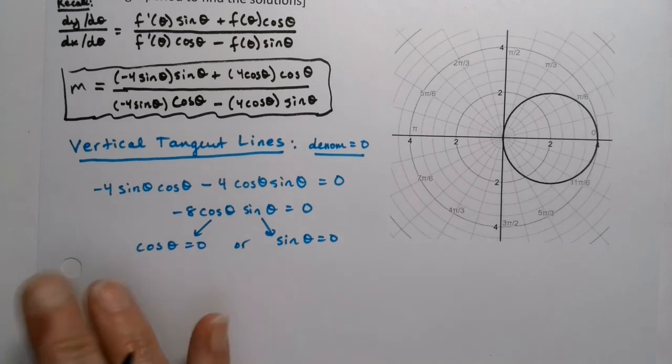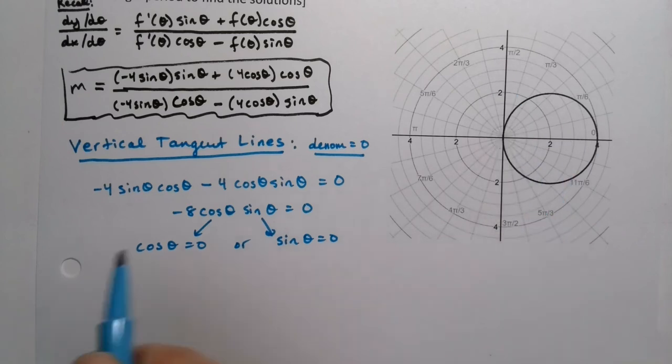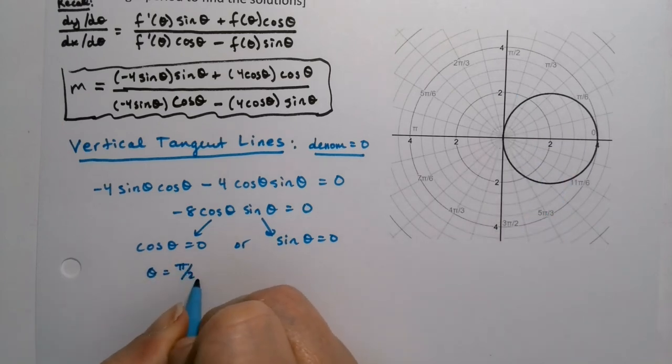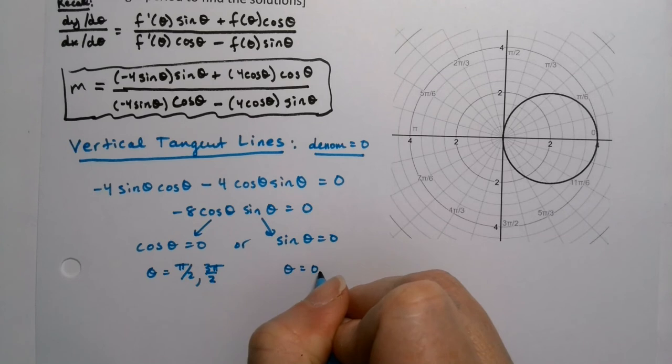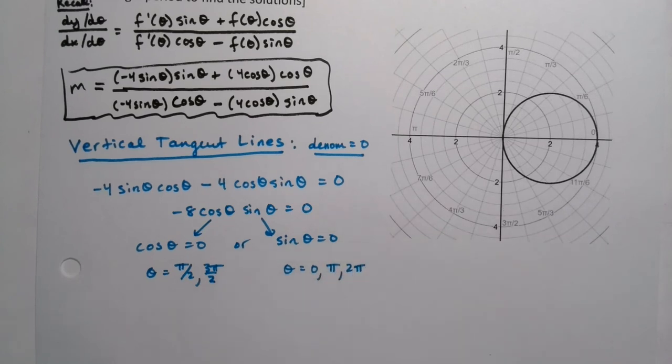Now, if the cosine of theta is 0, that happens at pi over 2 and 3 pi over 2. So that would mean theta is pi over 2 or 3 pi over 2. If the sine of theta is 0, that means theta is 0, pi, or 2 pi. Now, I want to consider the period at this point and kind of think about this graph for a second.